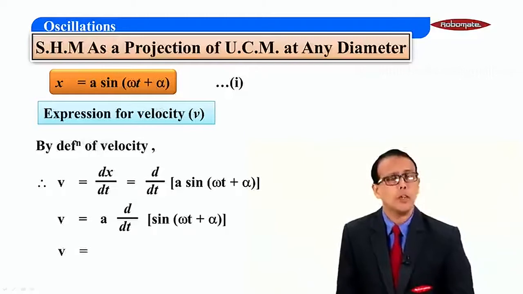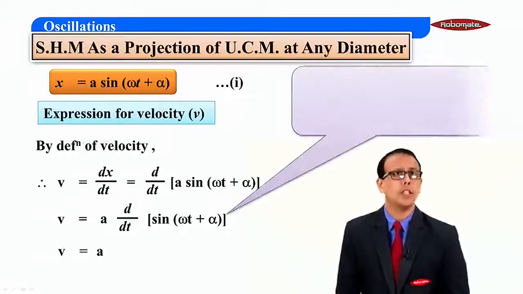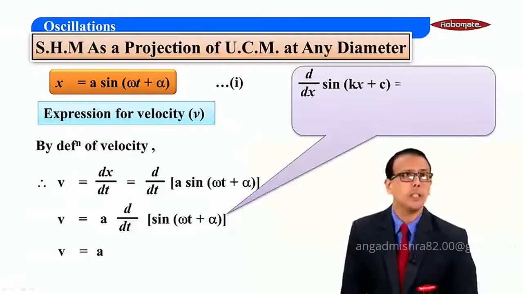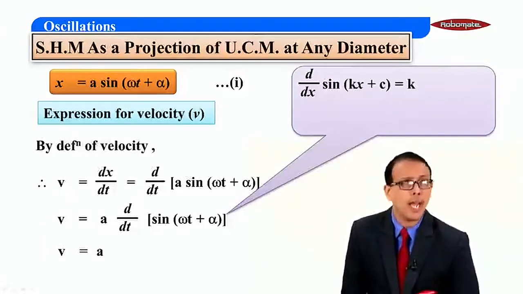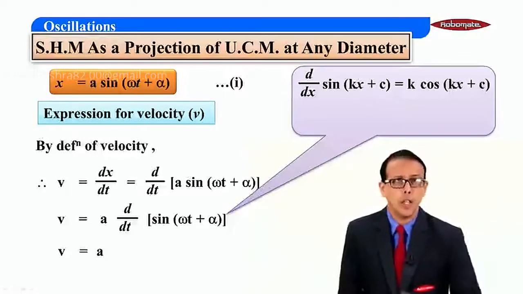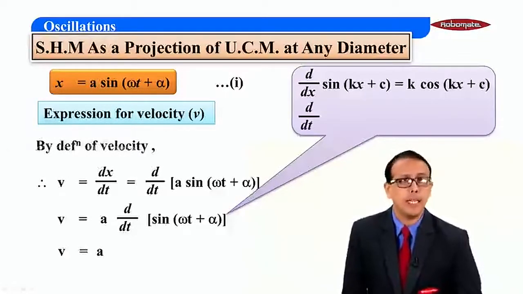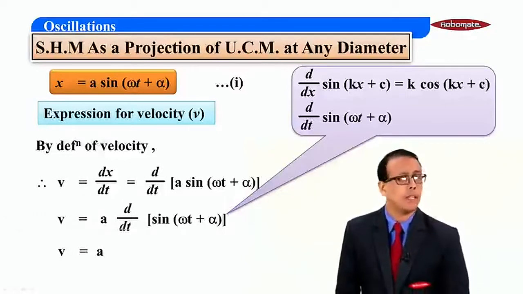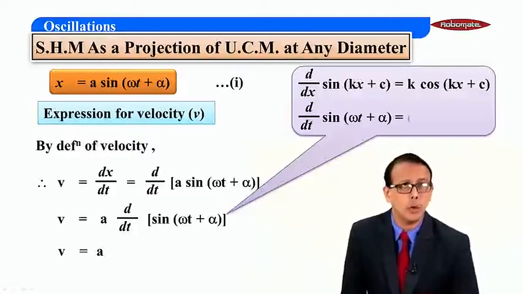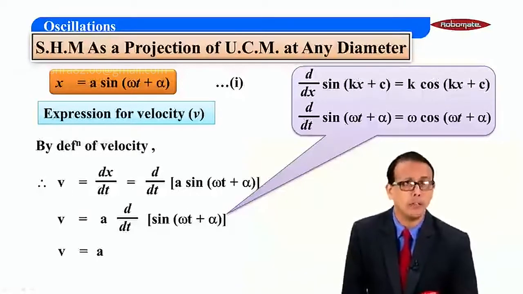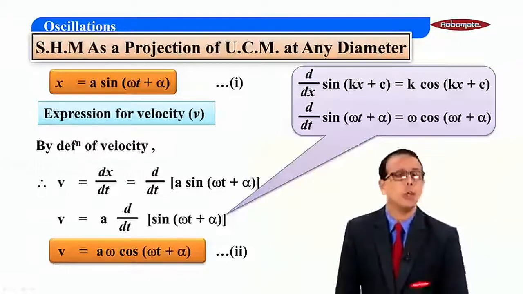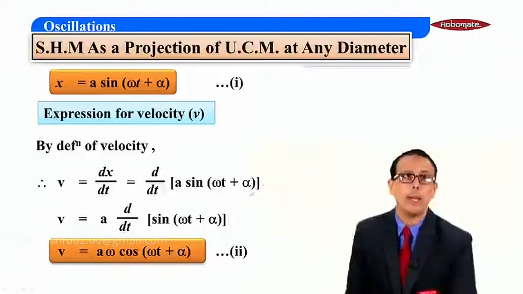Students, we know the standard formula in differentiation: d by dx of sine (kx plus c) is, constant k out, and sine derivative is cos, that is k cos (kx plus c). Therefore, our derivative d by dt of sine (omega t plus alpha) will become omega, as constant out, omega cos (omega t plus alpha). We will substitute it here and hence the formula becomes V is equal to A omega cos (omega t plus alpha).